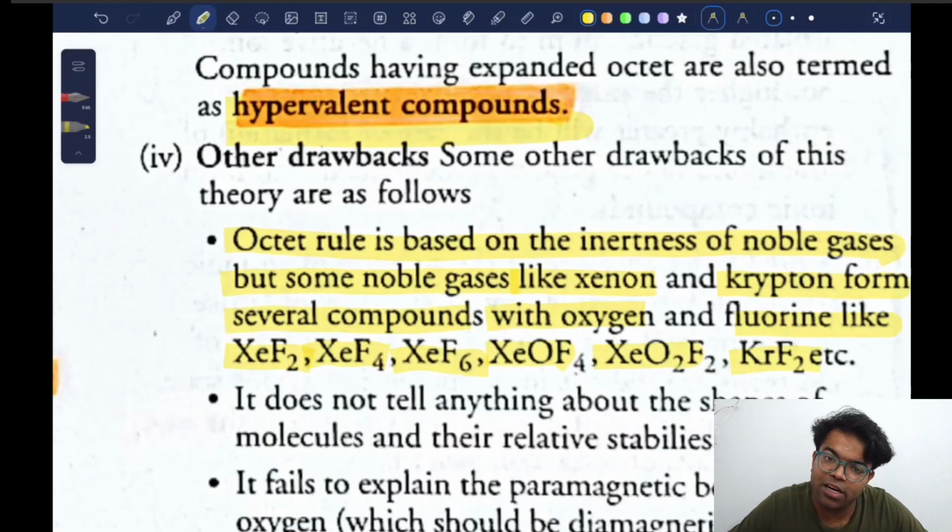If you have 8 electrons in your outermost shell, then you should be good. You should not have the need to react with anybody, nor should you be able to react with anybody. That is what inertness means, right? But here, xenon and krypton, even though they have this complete configuration, are able to form bonds. And this is a violation of the octet rule. Understood?